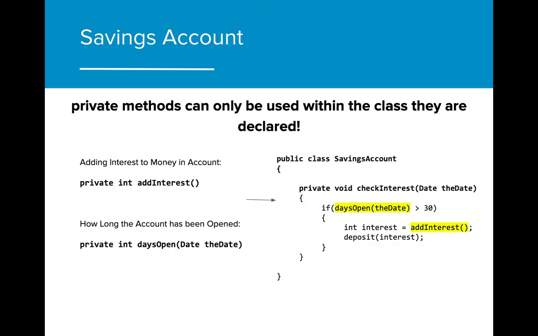That means that they can be used in other methods within the savingsaccount.java file. Perhaps there is another method called checkInterest that adds interest to the savings account once the account has been opened for 30 days or longer. We can use the private method daysopen and addInterest in our checkInterest method because they were both created in the same file as checkInterest.